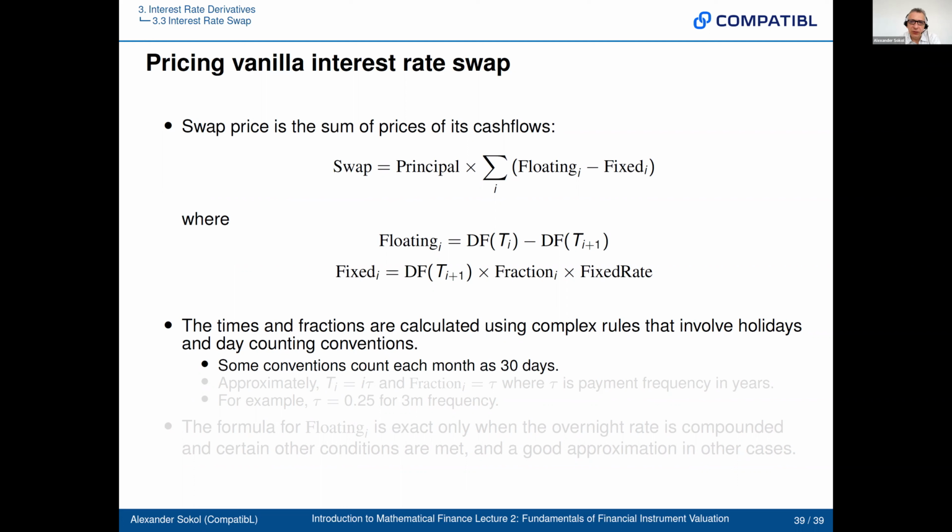So there is a convention for the fixed leg typically, which is called 30 over 360. It means that the year has 360 days, and the month has 30 days. That essentially is just a roundabout way of saying that each interest payment is equal, even if some months are a little longer and some months are a little shorter. Some have 31 days, some have 30, and some have 28 to 29.